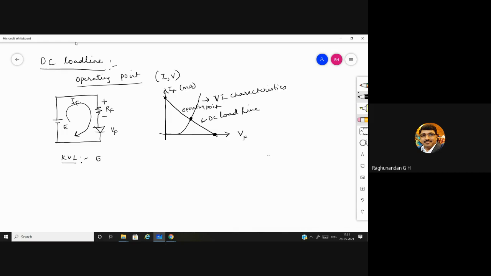In KVL, you should represent it either in terms of voltage or as a product of current and resistance. You cannot write current alone or resistance alone. So E, plus to minus IF into RF. Coming to the diode, this is anode, this is cathode, plus to minus, it is minus VF, which gives out 0.